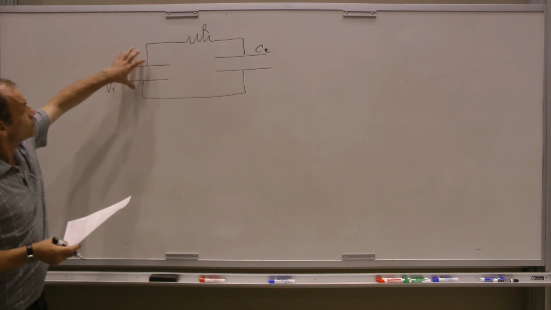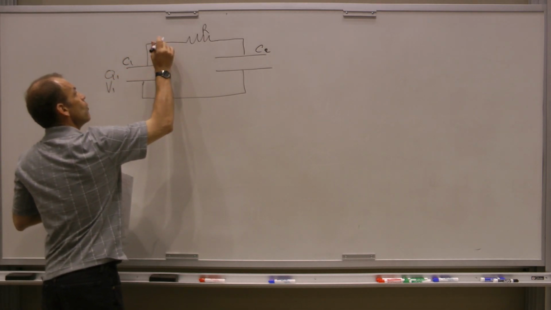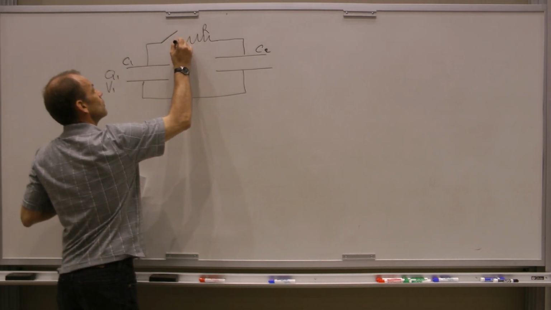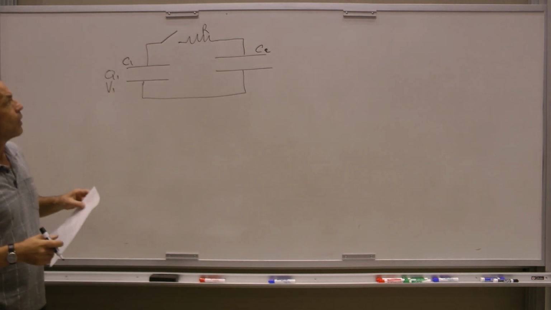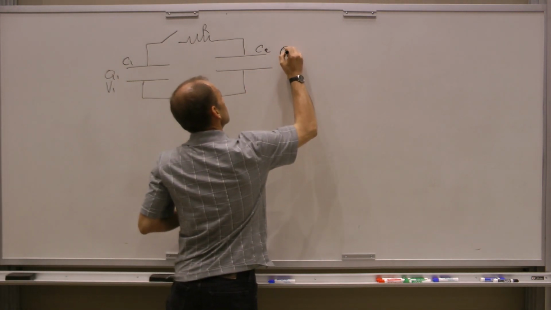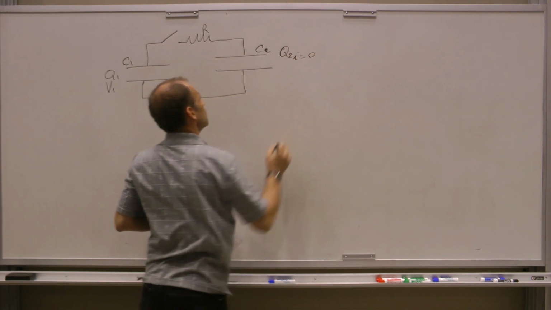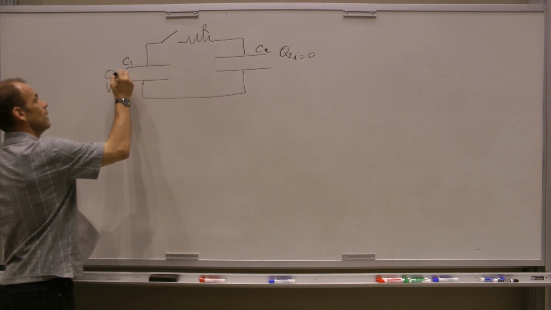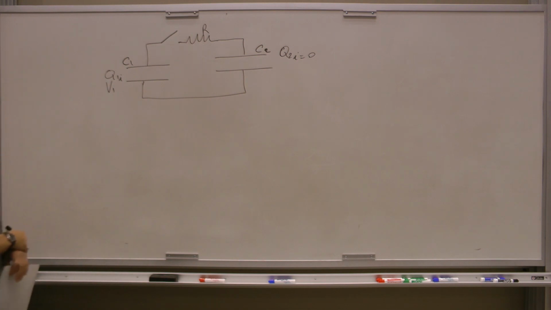So that's the initial situation, before the switch is closed. So this is that situation where we have Q2 initial equals 0, there's no charge on this capacitor, and that will be the Q1 initial.